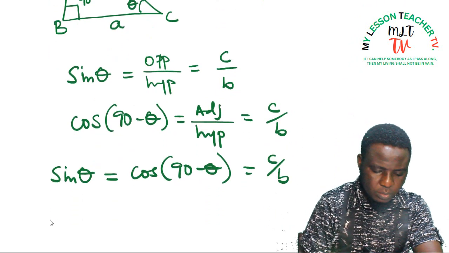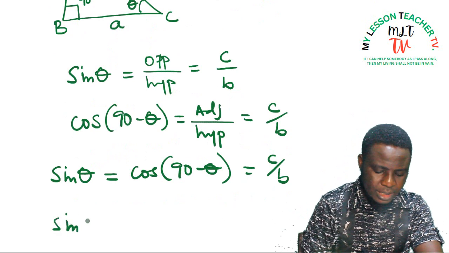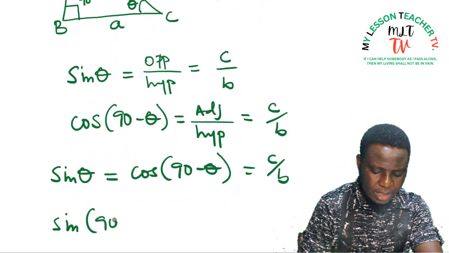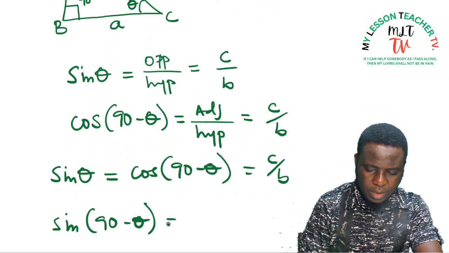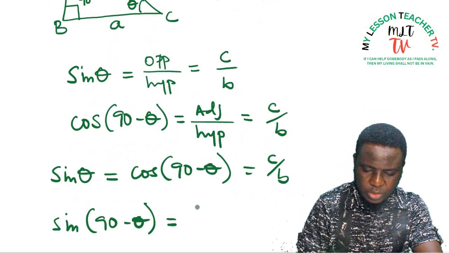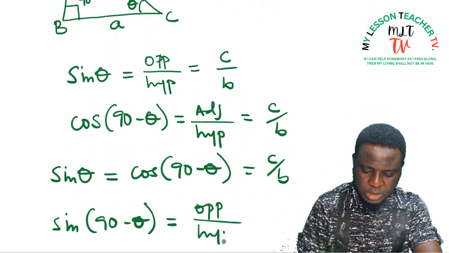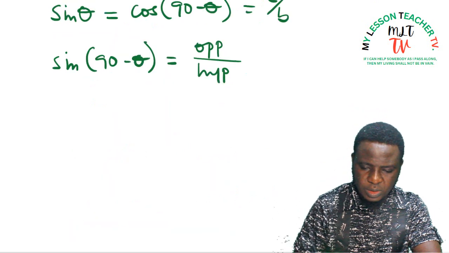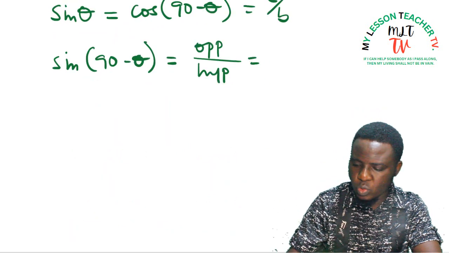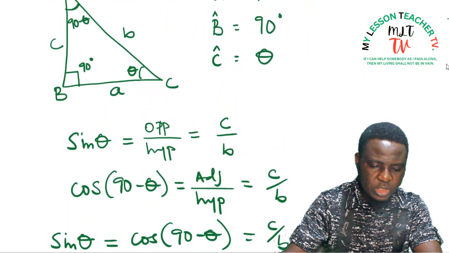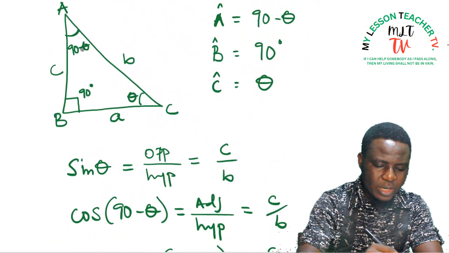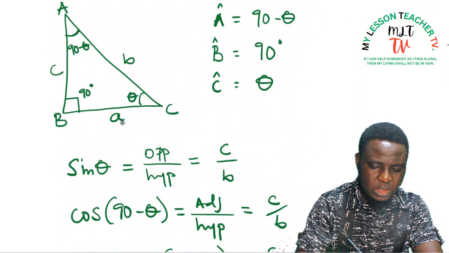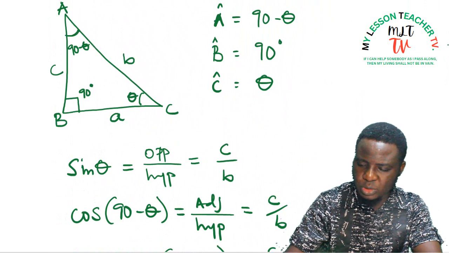Also, sine 90 minus theta, if you look at the trig ratio, which is the ratio of the opposite side to the hypotenuse side, is equal to, when you consider triangle ABC with reference to angle 90 minus theta, A is the opposite side, while B is the hypotenuse side.